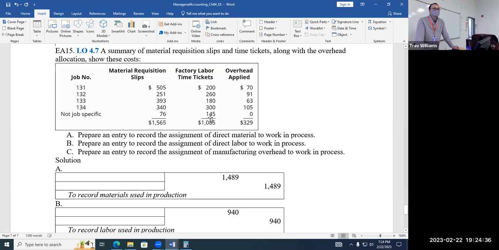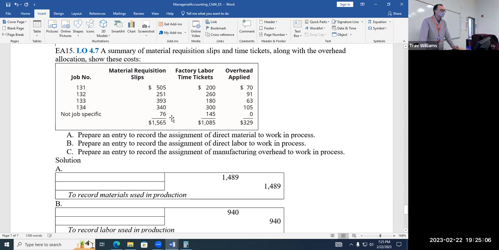materials and labor. What do we normally call the not job specific part? You have, for example, material costs that don't go directly into a particular product. We call it indirect materials, right? And labor costs that don't go directly into a particular product, we call that indirect labor.